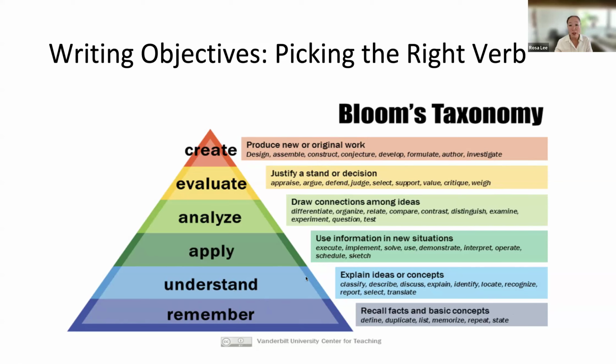Whereas if you are trying to create a curriculum that's going to allow your learner to construct or develop something on their own, it may be more complicated. When I'm working with my course directors and faculty on developing their course learning objectives, I really try to get them to be very specific with their verbs. So I think this is a place where language really matters.